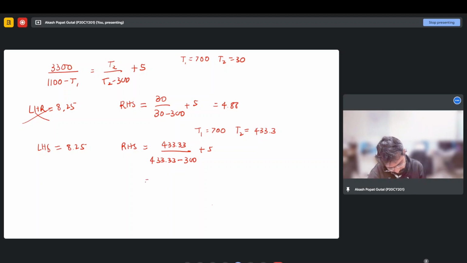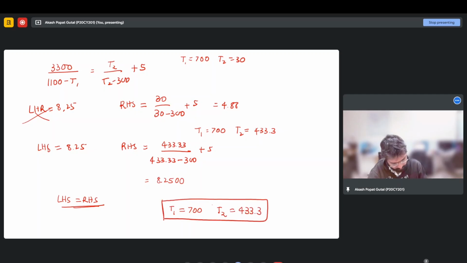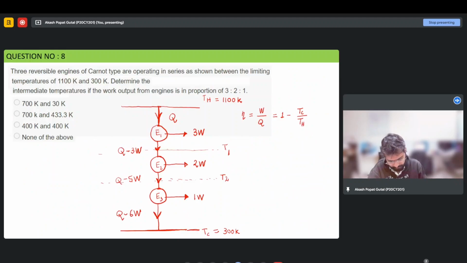It's coming out to be 8.25 exactly. Fine. So LHS is equal to RHS. Hence our option must be T1 is 700 and T2 must be 433.3. So the answer must be option number B.